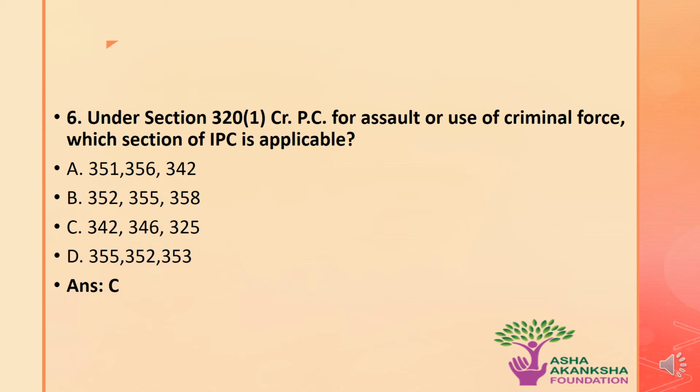The correct answer to this question is option C. That means to say, for assault or use of criminal force, the sections of the IPC that are applicable are Section 342, 346 and 325.